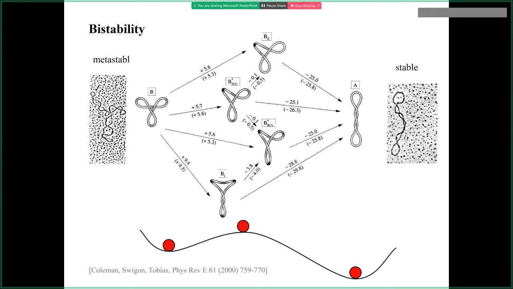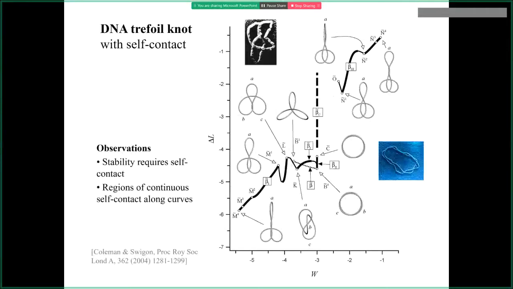Now, so far I've been talking about the static analysis of configurations. We can also do the same for knotted configurations, and we've done a study of a trefoil knot. The diagram, as you can see, is much more complex. We were not able to continue and connect all the branches together because of numerical difficulties.